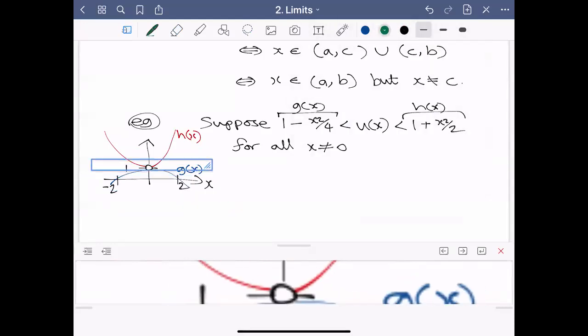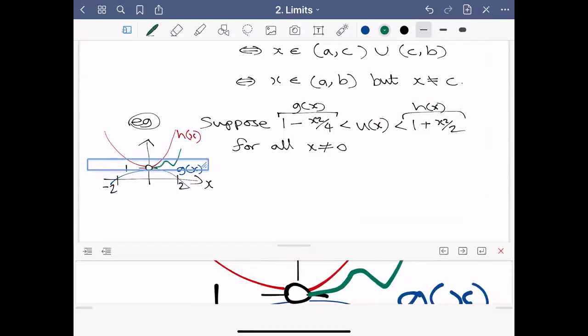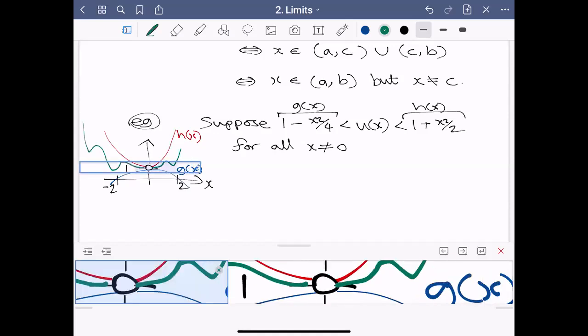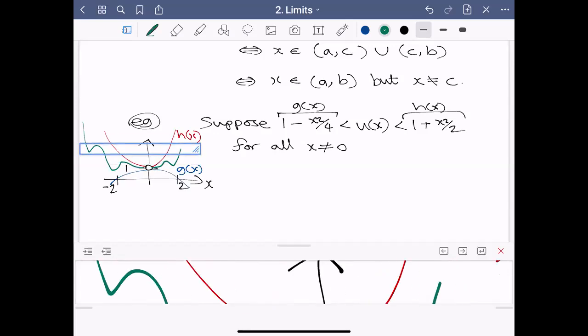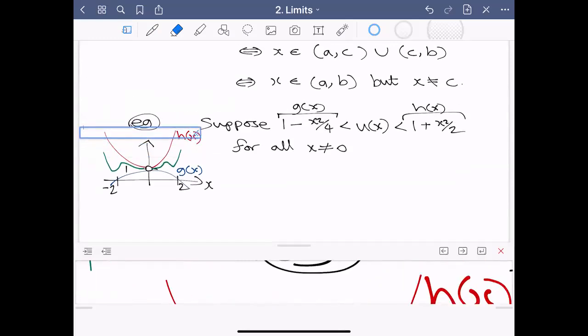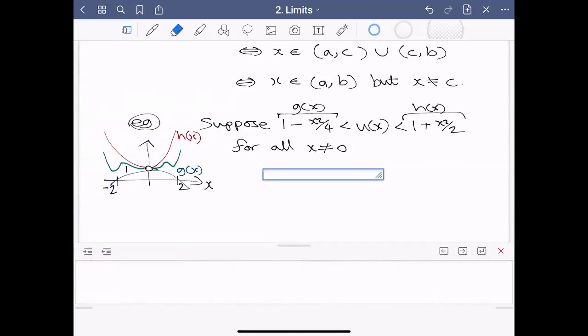And now we assume that u(x) is between g(x) and h(x). But it could do anything like this, right? It's a bit crazy. So yeah, it could have any shape like this. But the sandwich theorem tells us that we still know the limit.